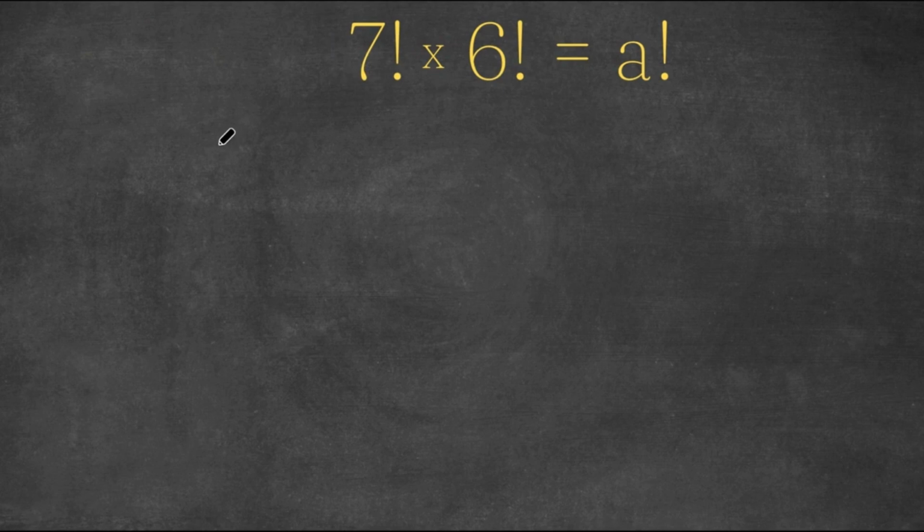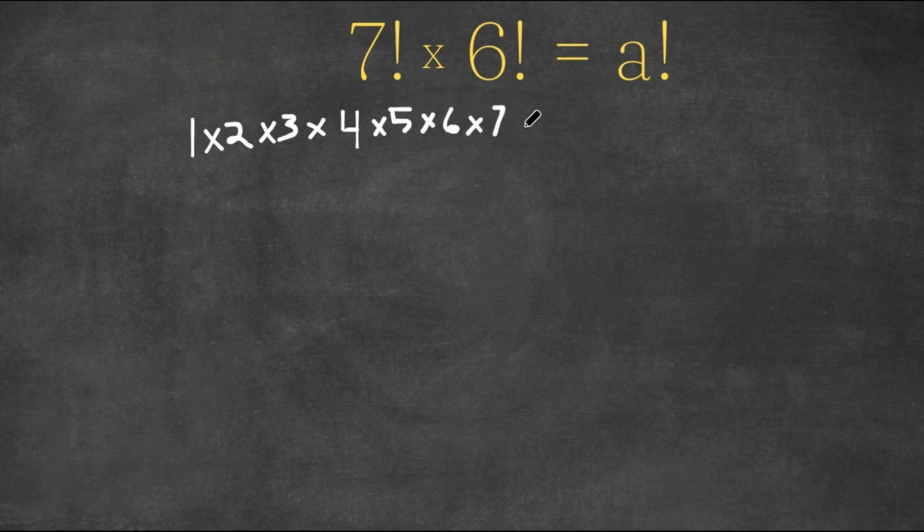7 factorial is the same thing as 1 times 2 times 3 times 4 times 5 times 6 times 7.